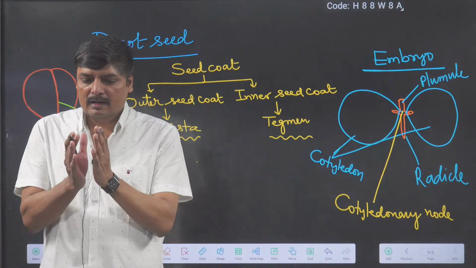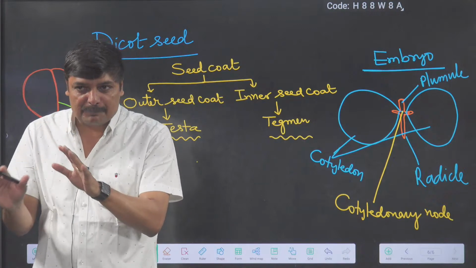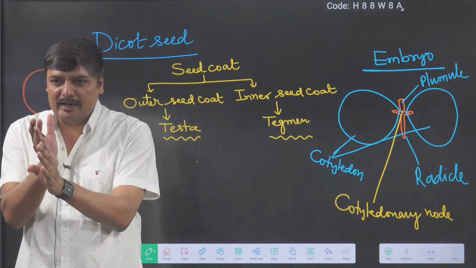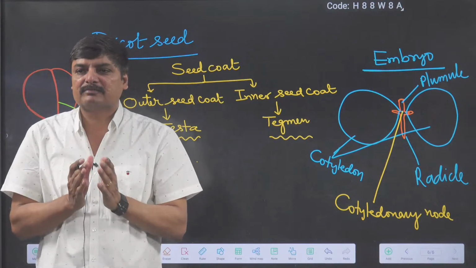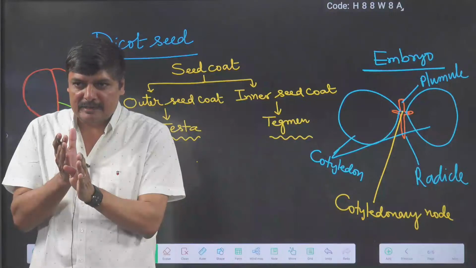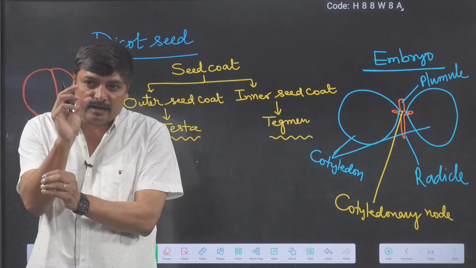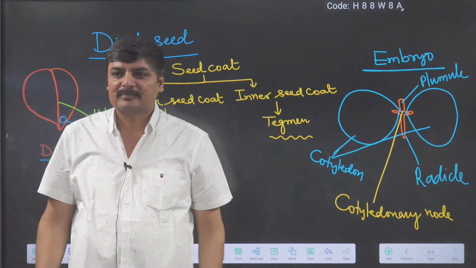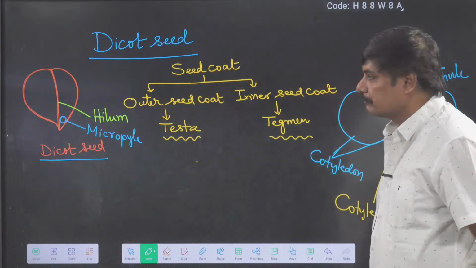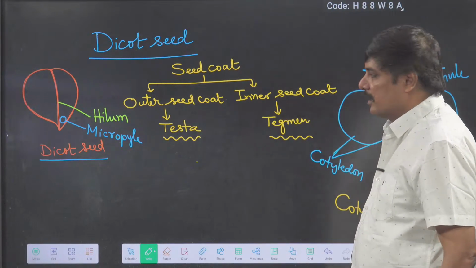In some dicots, endosperm is completely absent, and hence the food is stored in their cotyledons. Endosperm absent, therefore the food is stored in the cotyledons, hence cotyledons become fleshy. So this is about the dicot seed, students. I think you have followed. Here very important terms are there.